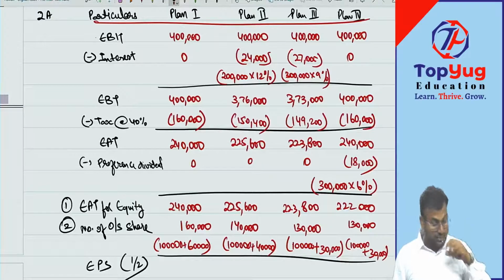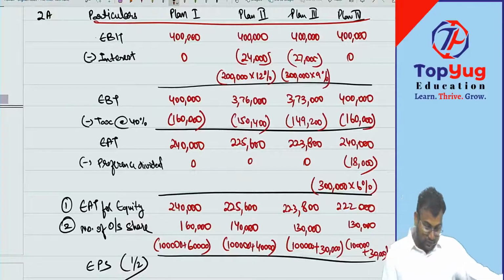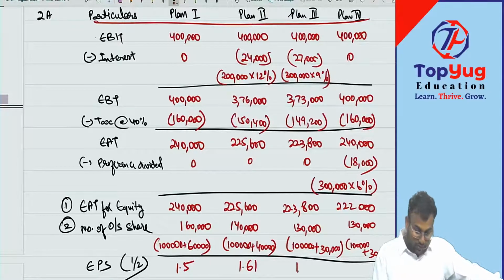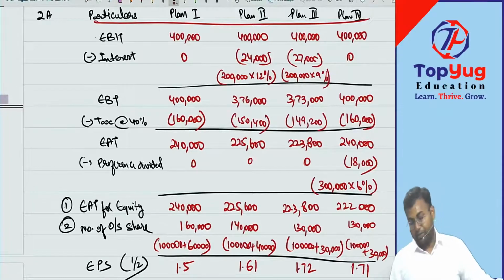How much would be my EPS dear in the first option? 1.5. Second option. Third option. Fourth option. Round off, it will be 1.71.